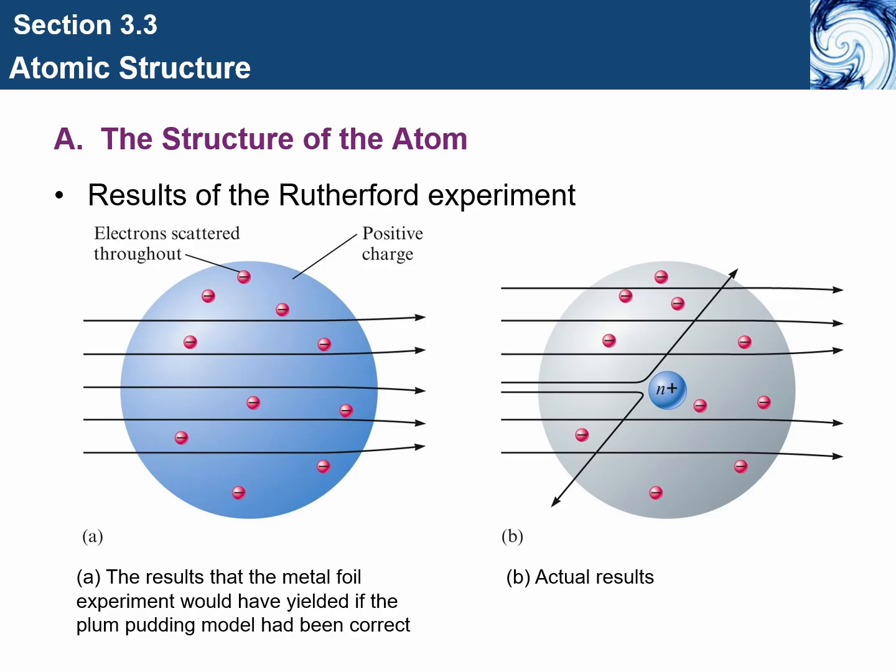Rutherford concluded that most of an atom is empty space. The atom's positive charge and most of its mass must be concentrated in a very small, dense area. A particle passing through the empty space could continue forward, while one passing close to that concentrated positive region would be pushed sharply away.